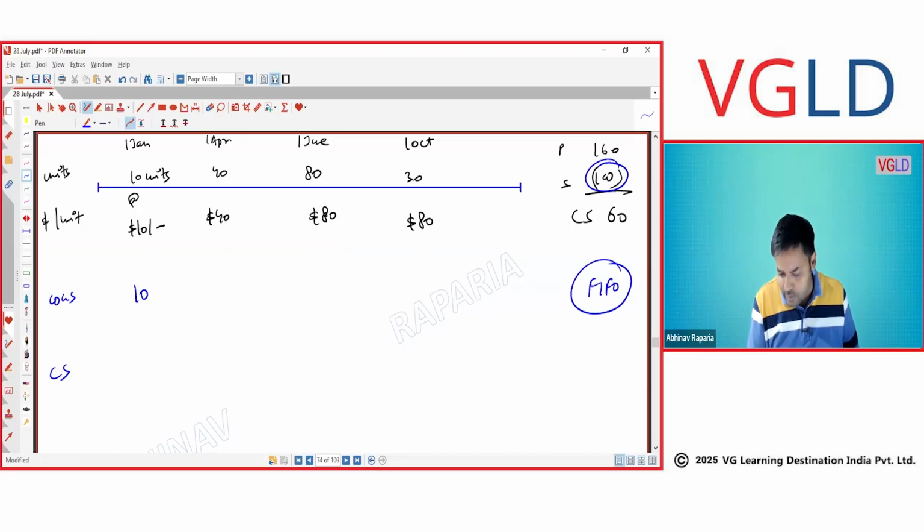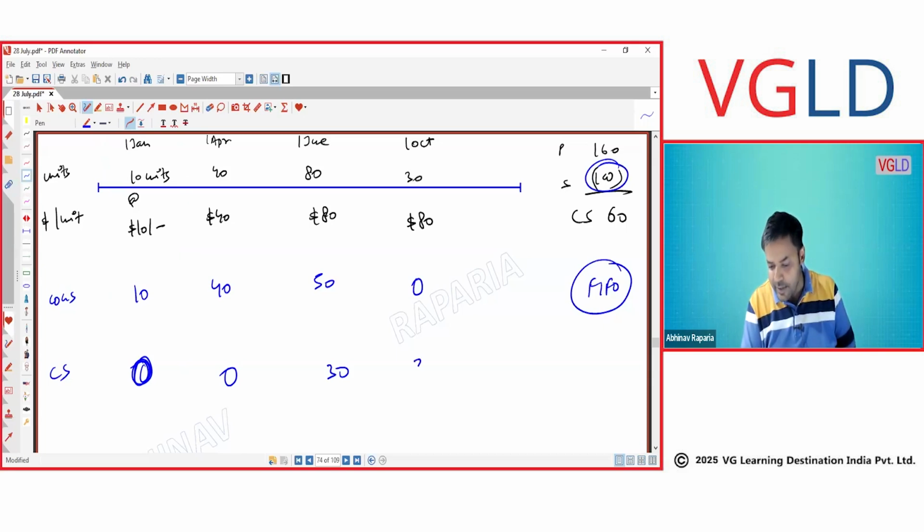Is anything left in the closing stock? Nothing. Always look at it in isolation, guys, else you get confused. Out of 100, 10 is gone from 1st of January, then 90 is left. Then 40 will be from here. Nothing is left here. Out of 100, 50 is gone. 50 will come from here, and 30 is the closing stock. Out of 30, nothing is left, zero, and 30 is closing stock.